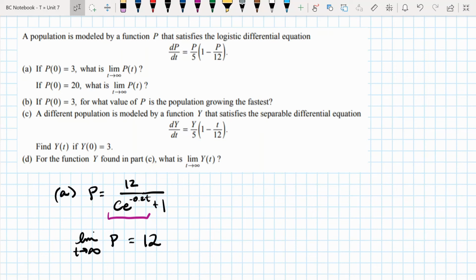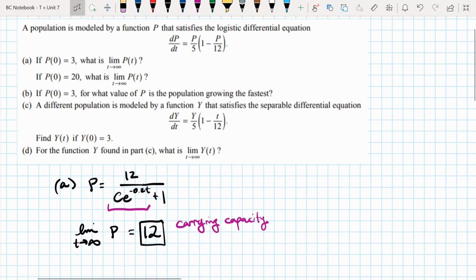And the reason it's 12, regardless of the initial position, is because if the function is above or below the carrying capacity, the solution P of the differential equation will approach the carrying capacity. So the solution to this limit is equal to 12 because the carrying capacity is 12. That's the other way to think about it: all this is asking is what's the carrying capacity.